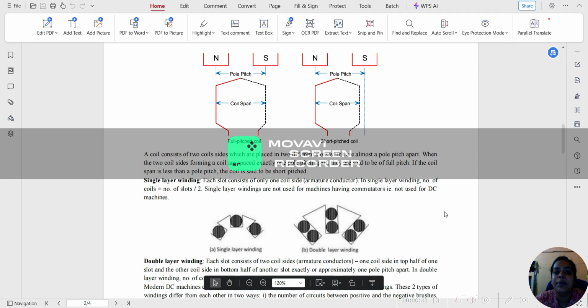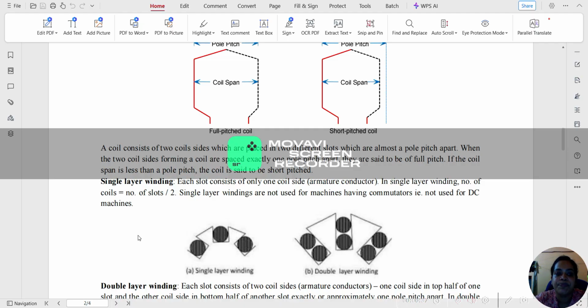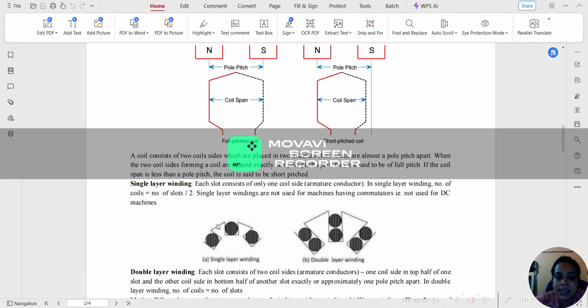In this PPT itself, you can see what is meant by single layer winding. In this diagram, you can see the single layer winding. There will be a single armature conductor or one coil side placed in each slot. This is a single slot.